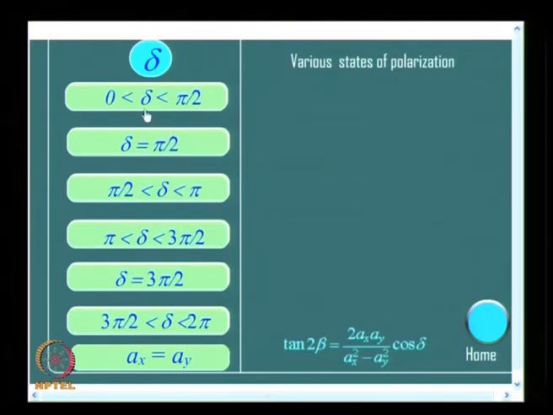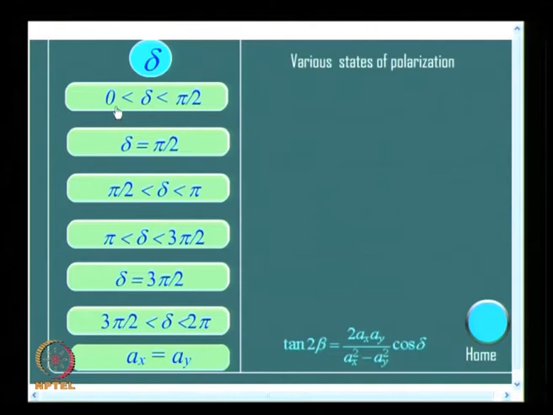We have already seen what happens when delta equals 0. When delta equals 0, I have two vibrations and they will give you plane polarized light. Where does the ellipse come in? Ellipse does not come there. When delta equals pi by 2, you had the equation of a simple ellipse whose axes coincide with the x and y directions.